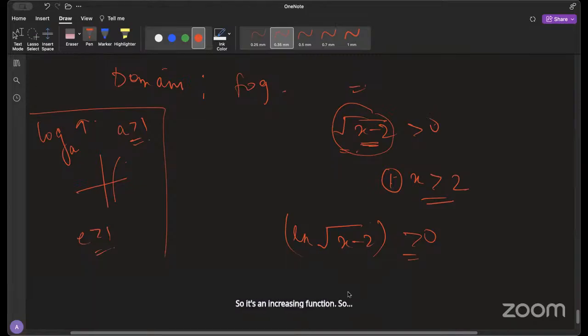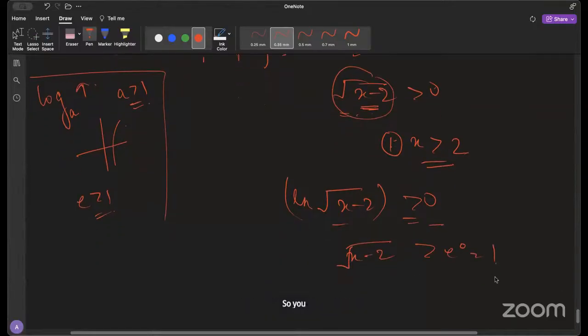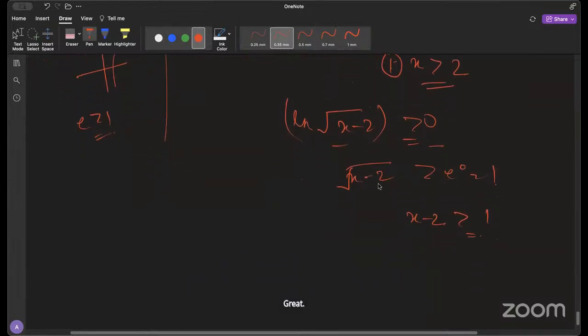So you can raise both sides to the power e. So you'll have square root of x minus 2 greater than e to the power 0, which is 1. For this to be greater than 1, you would want x minus 2 to be greater than 1, and so x to be greater than 3.